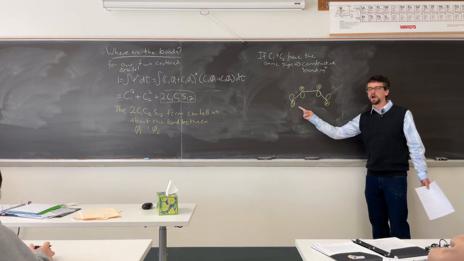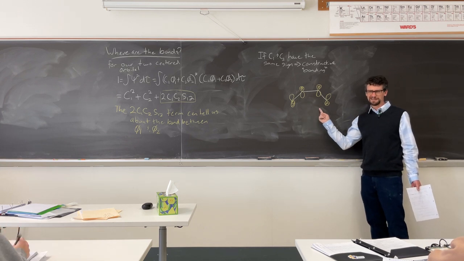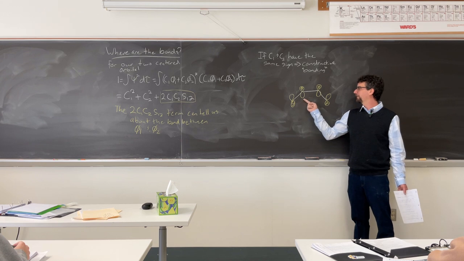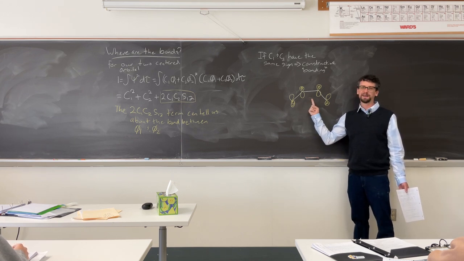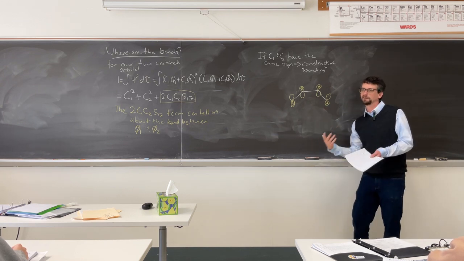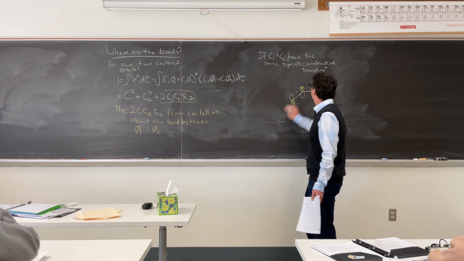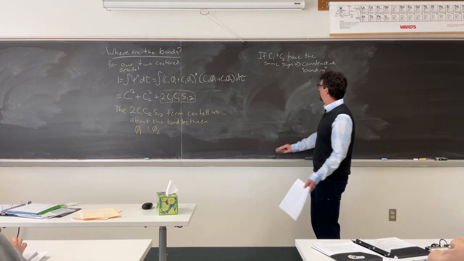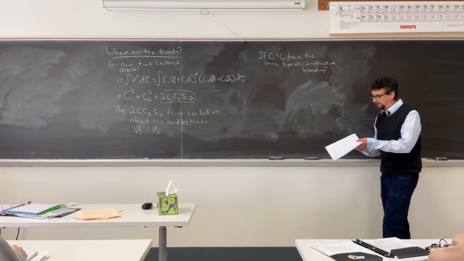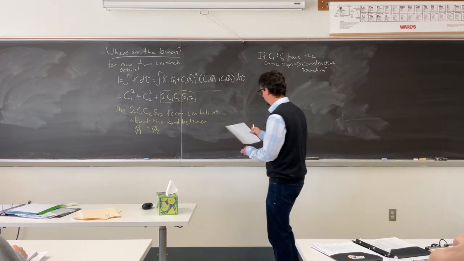I thought you were talking about something like this, where is this bonding or anti-bonding? Well, it's anti-bonding between carbon number 1 and carbon number 2. Carbon 2 and 3, it's bonding. And then carbon 3 and 4, it's anti-bonding. But we're talking about two center interactions right now. We're picking specifically two atoms, or two atom centers.